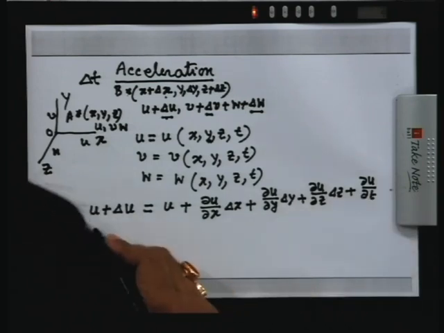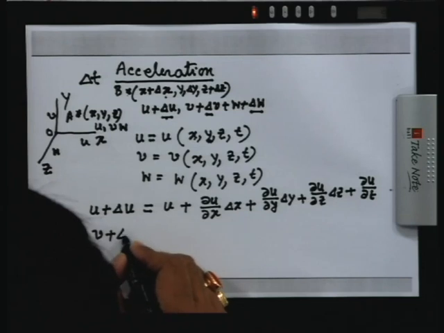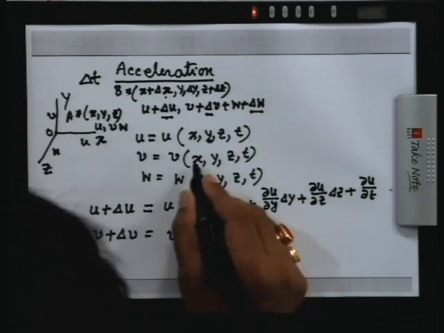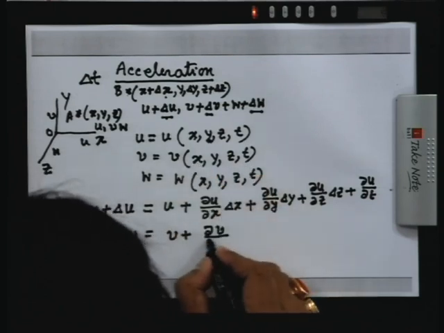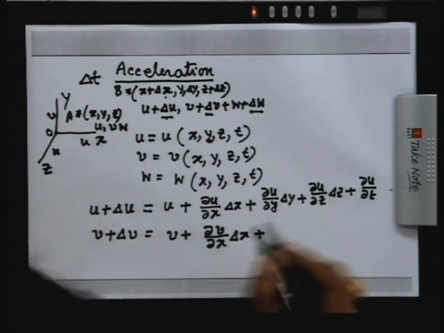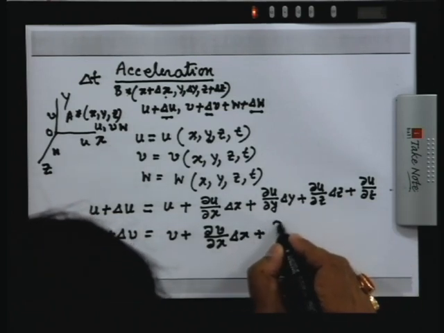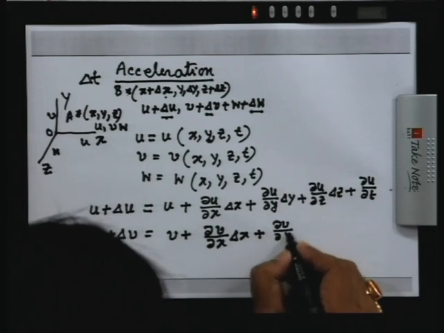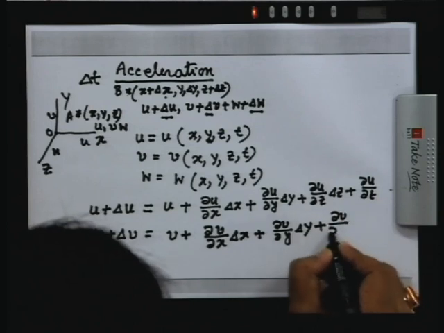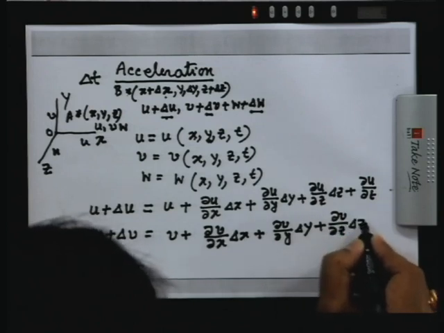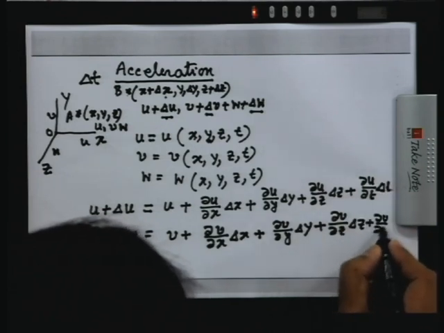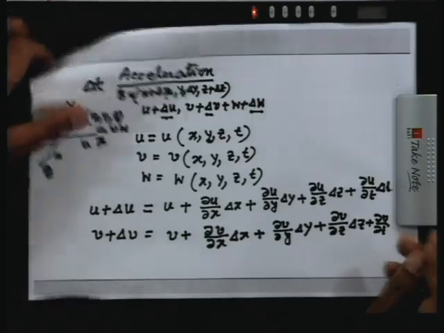Similarly, we can write v plus delta v equal to v plus this function expanded in the neighborhood of x plus delta x, y plus delta y, z plus delta z: del v del x into delta x, plus del v del y into delta y, plus del v del z into delta z, plus del v del t into delta t.